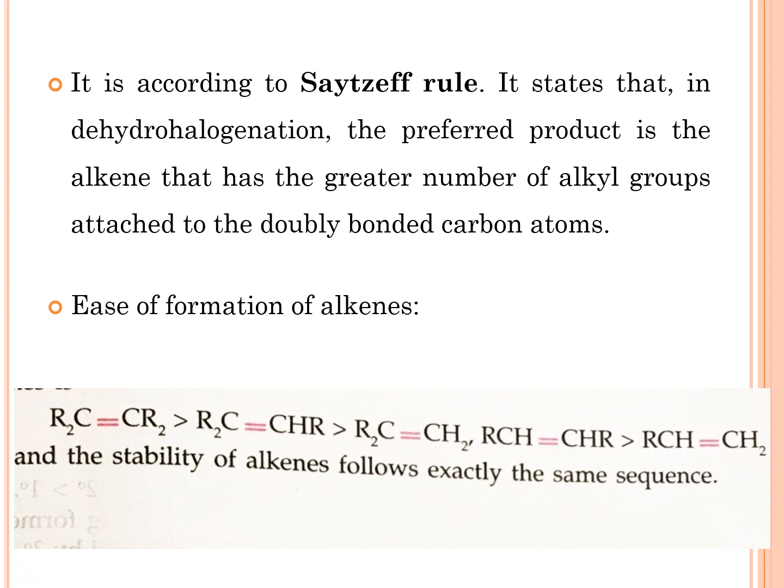So that product is preferred as the first product, and continuing, the last is RCH double bond CH2. I think we have already studied this same scheme with the stability of alkenes. Stability of alkenes also follows this same order, like the formation of alkenes in dehydrohalogenation. Both are the same.